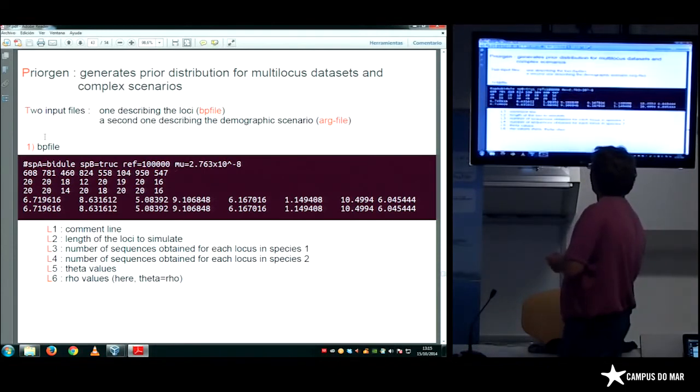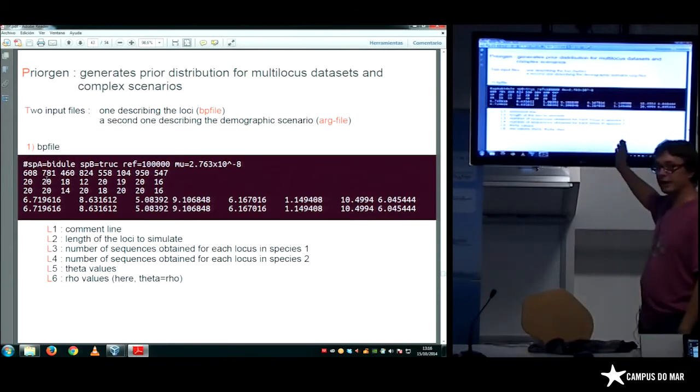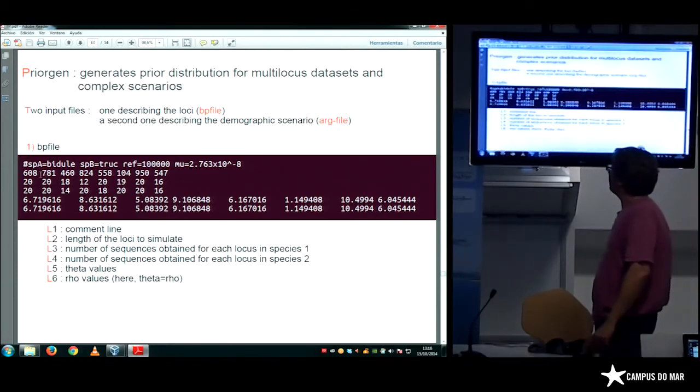After that, it's just a description, you have the length of the loci. Here there are just 8 loci. The first locus is 608 base pairs, the second one 788, 81, etc. Here you have the sample size in population 1, so in species A, bidule, and here the sample size in species B, truc.